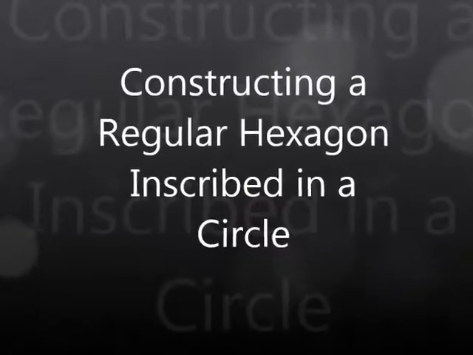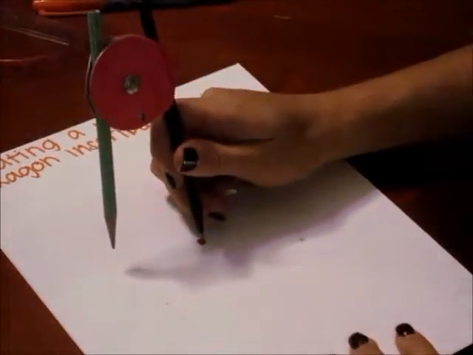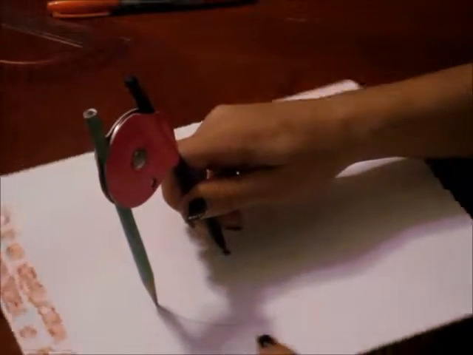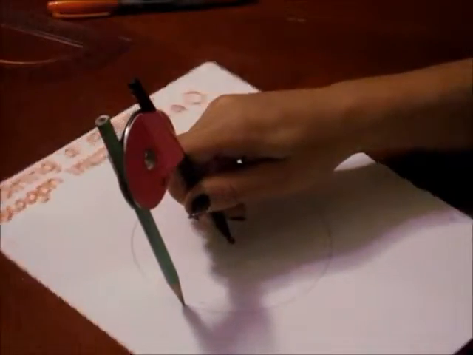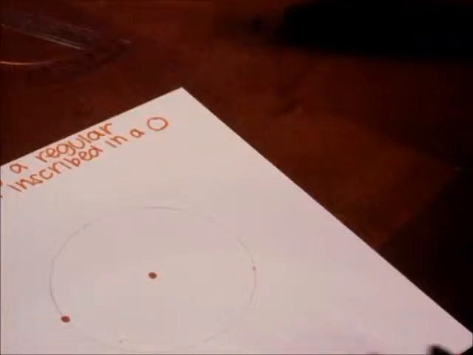This is creating a regular hexagon inscribed in a circle. First, you're going to need to put your needle point on a point. Now create an arc that goes all the way around into a circle. Next, you're going to need to make a random point on the circle.